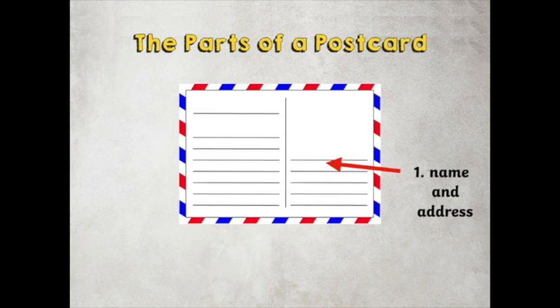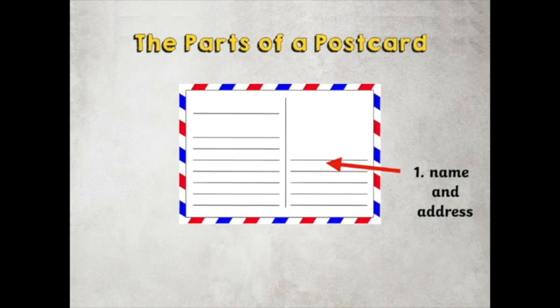What does that mean, address? An address is the place where someone lives or where a place is. Your home has an address. Your school has an address. Everywhere has its own address.